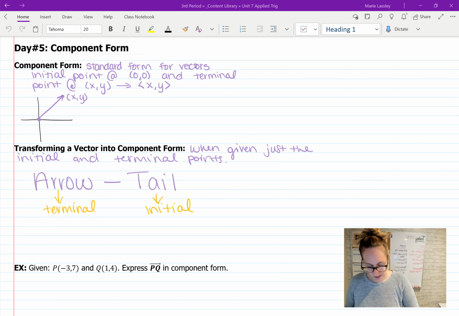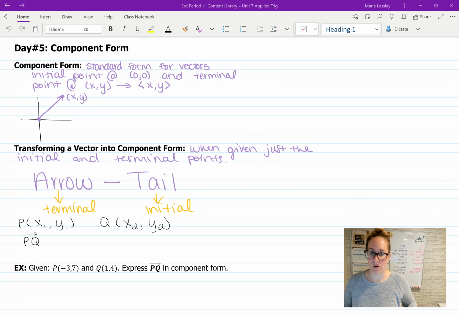So for instance, looking at boring letters, if we had point P at x1 comma y1, and point Q at x2 comma y2, then vector PQ in component form would be Q minus P. So Q would be your arrow, P is your starting point or your tail, so arrow minus tail, or head minus tail.